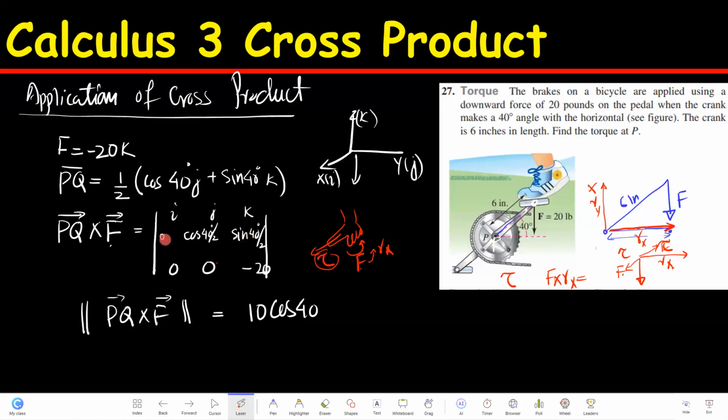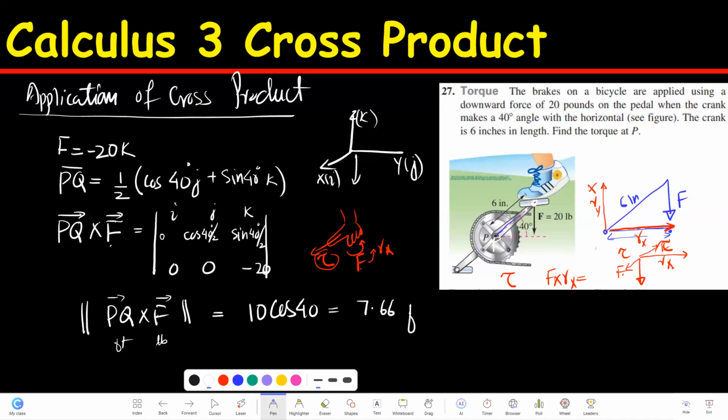Everything else is going to be 0, because when you multiply this to this for J it is 0, and for K this to this is 0, because these are 0. So really, the I component is what we have left over. When you solve it, you're going to get the answer 7.66. The unit should be foot-pounds, which is pretty much the imperial system unit of torque.